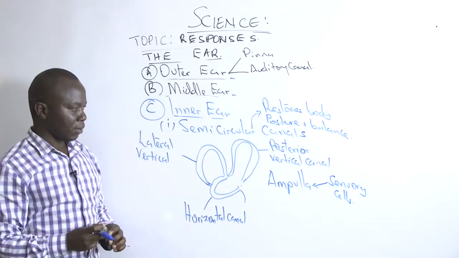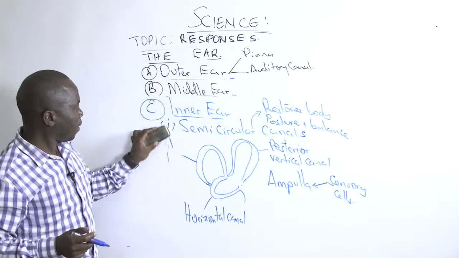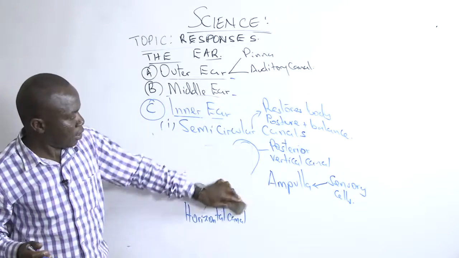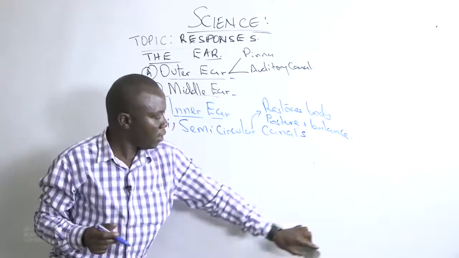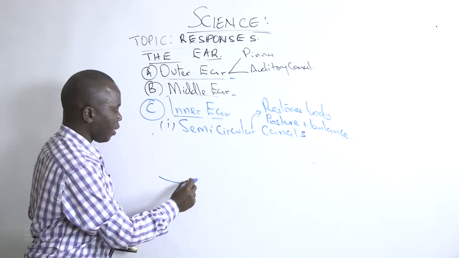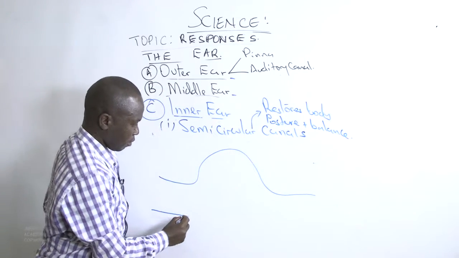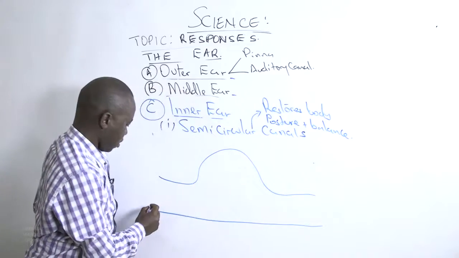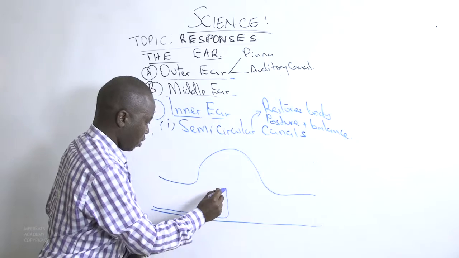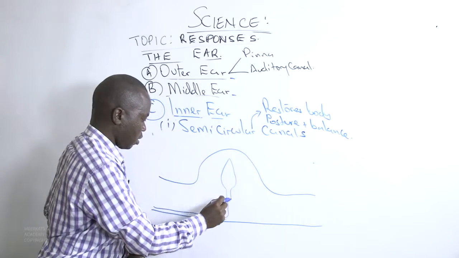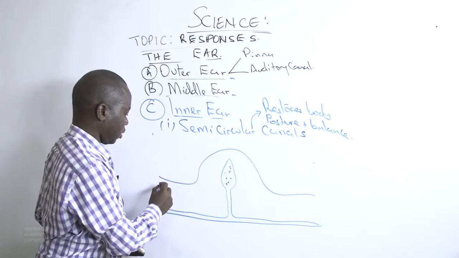We can briefly look at the structure of the ampulla. If this is the semicircular canal, we have a hammer-shaped structure, and on this we have this structure. That structure has sensory cells.